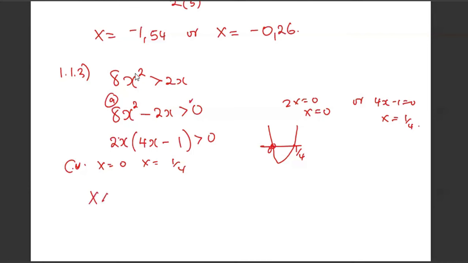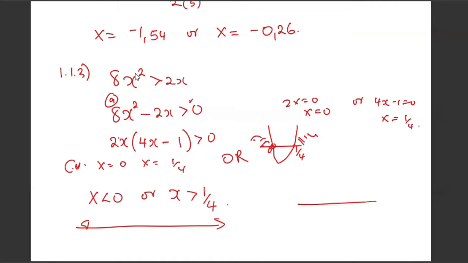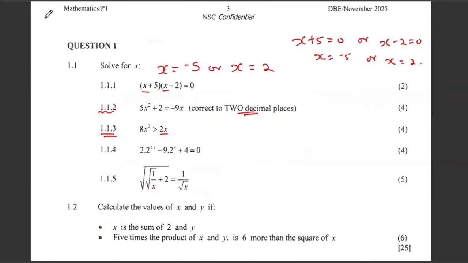Meaning that x needs to be less than 0, or x needs to be greater than 1 over 4. So you can represent it in this format, or we can draw the parabola and then do the shading, or you can use your interval notation. This is 1 over 4, and then we're looking at that side. We're also looking at that side. Okay, so one of the representations would make sense.